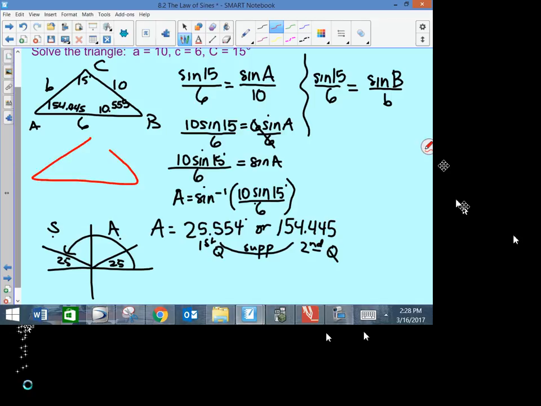All right, so we have two triangles. 15, 25.554, and let me label these. Don't get sloppy, but here we go. Okay, what's my other angle for my second triangle? I'm going to draw them because I need the visual.